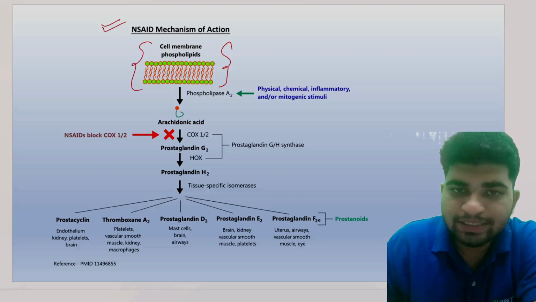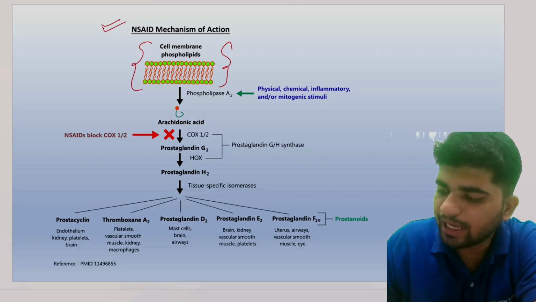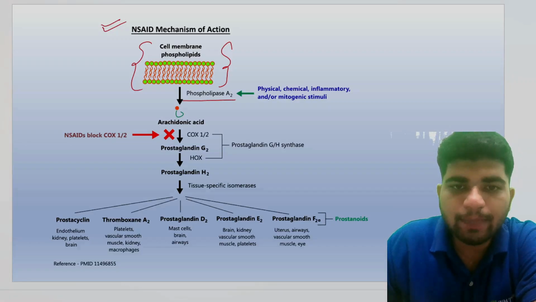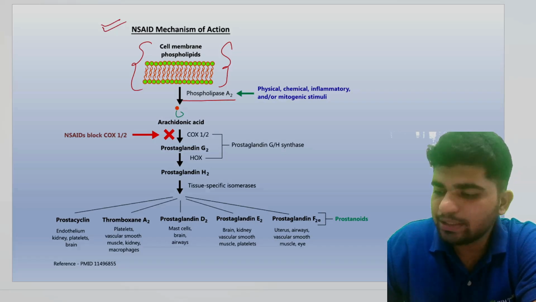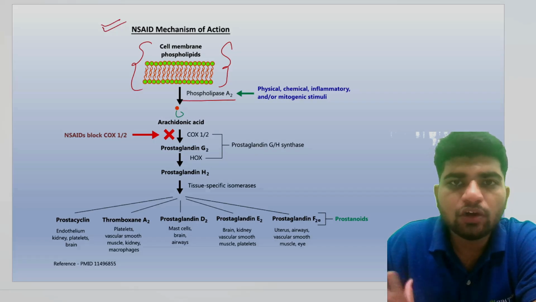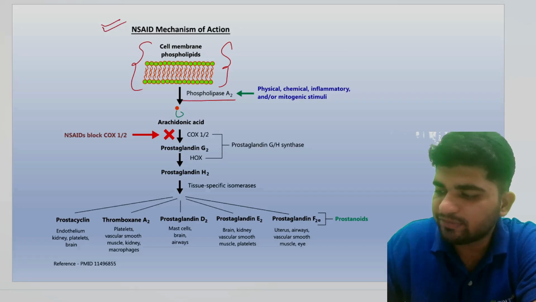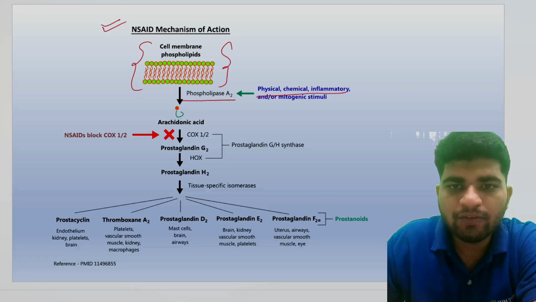These cell membrane phospholipids have the phospholipase A2 enzyme, which is activated when a physical, chemical, inflammatory, or mitogenic stimulus is present.